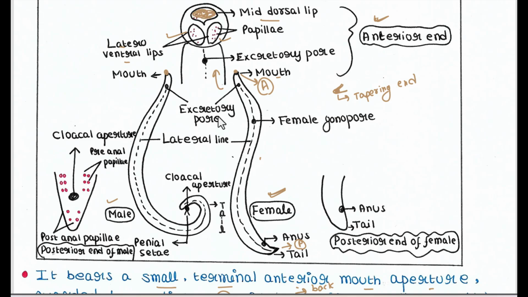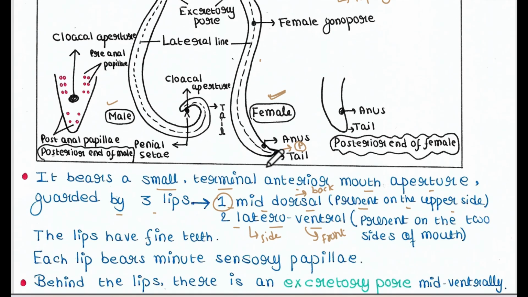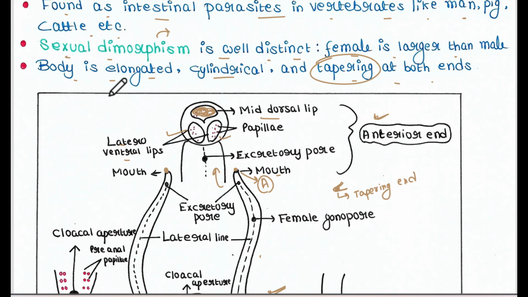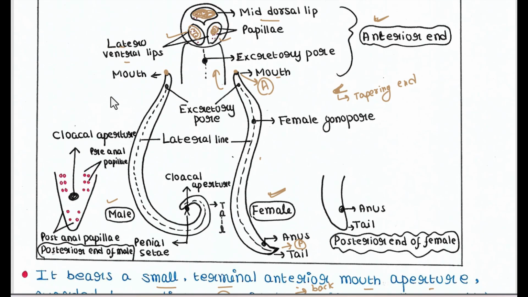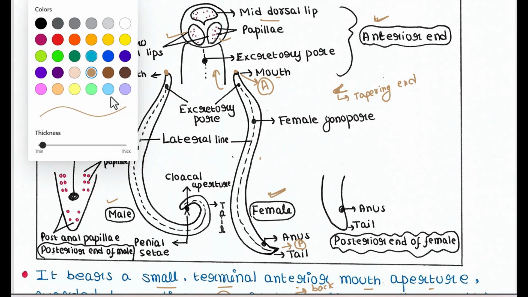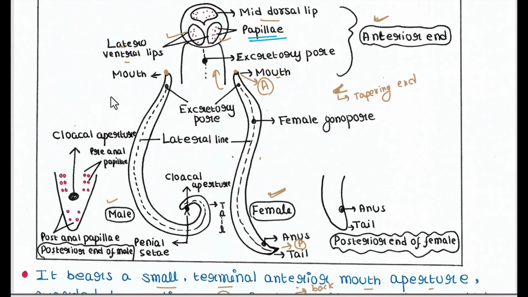And the two lateroventral lips are present on the two sides of the mouth, just like the picture. The lips have fine teeth and each lip bears minute sensory papillae. You can see in this picture that each lip contains papillae. These are sensory papillae. So each and every lip contains these sensory papillae.